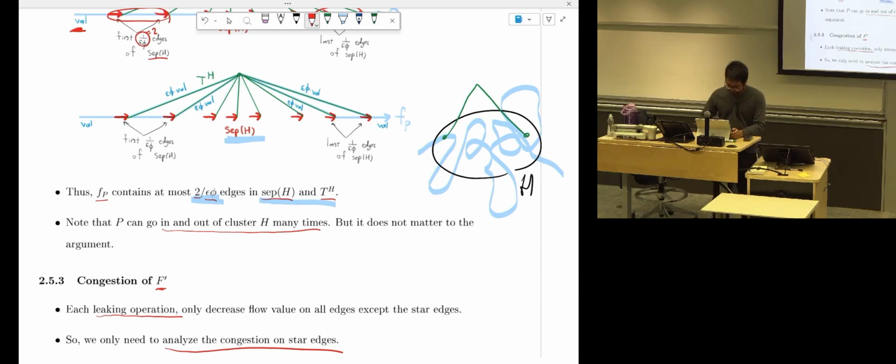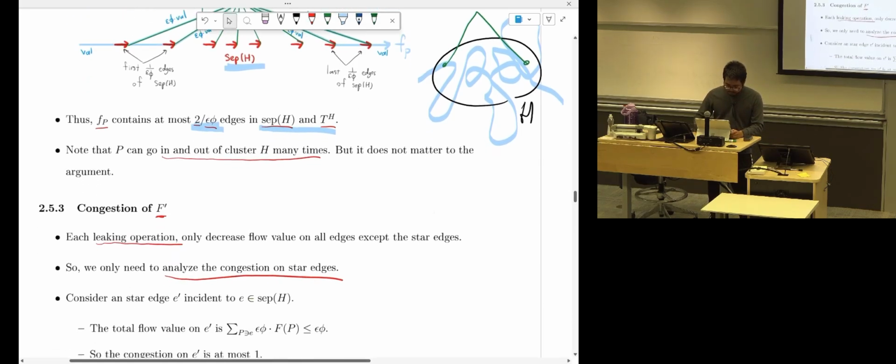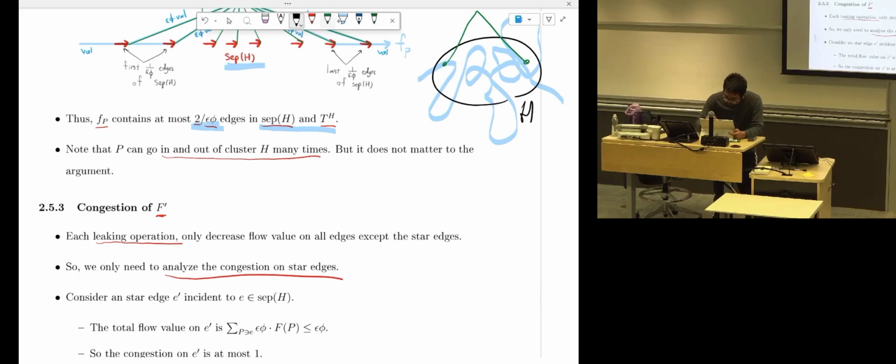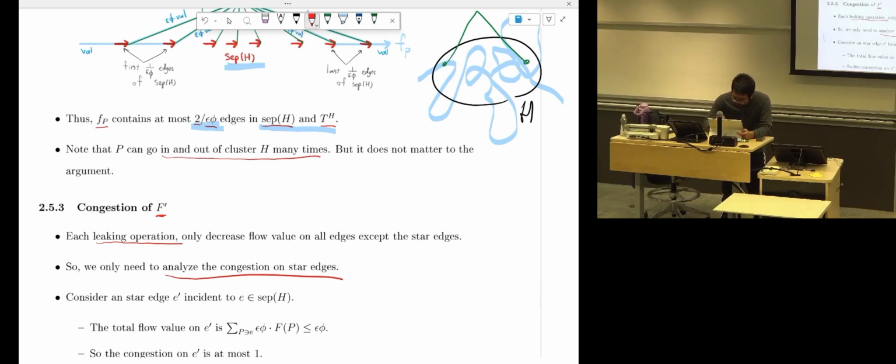Now let's say I consider one star edge. Let's say this is some separator of H, and I look at the star edge here, E prime.